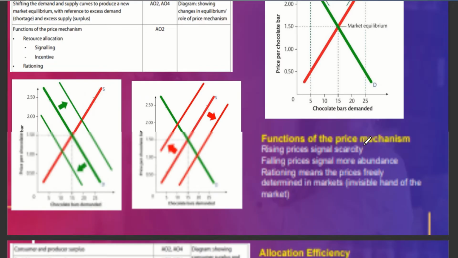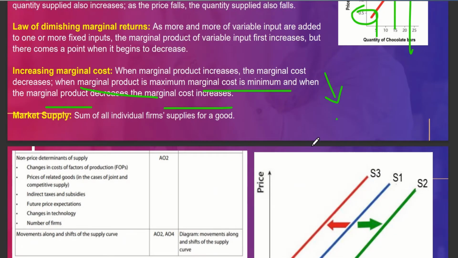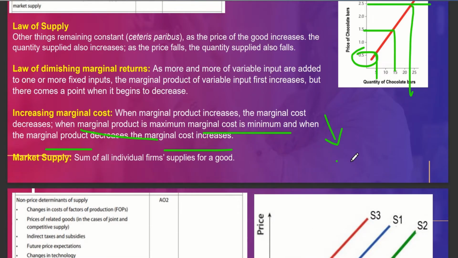Remember, marginal product will initially be increasing, after that it will be decreasing. This is what the law of diminishing marginal returns says. When variable inputs are added, you know the difference between variable input and fixed input, right? Variable input means the input changes when the output is increasing. Fixed input means the input remains the same when output is increasing.